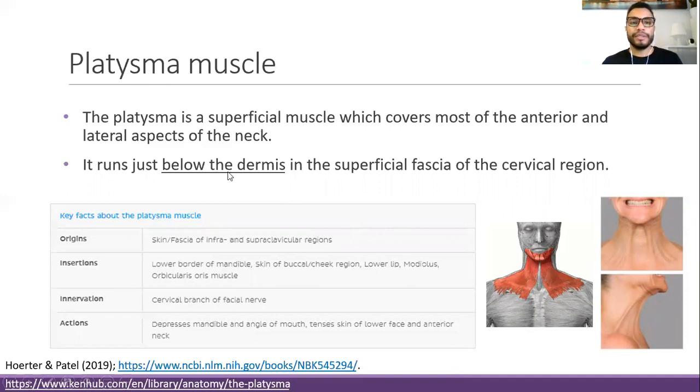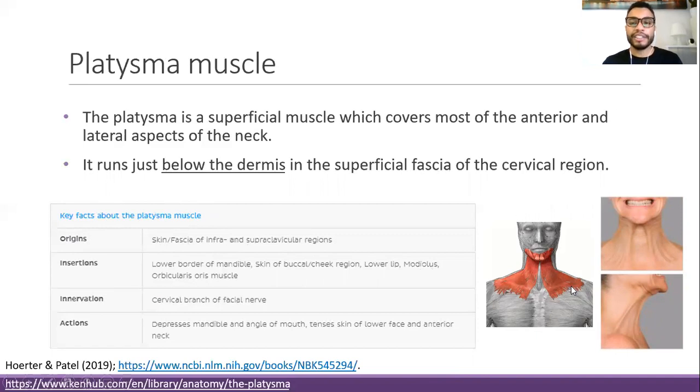It runs just below the dermis in the superficial fascia in the cervical region. So the platysma, the origins, we have here the skin and fascia of infra and supraclavicular regions that we see here.